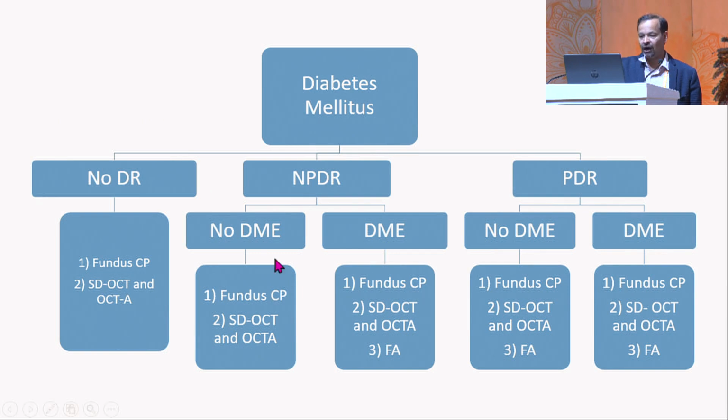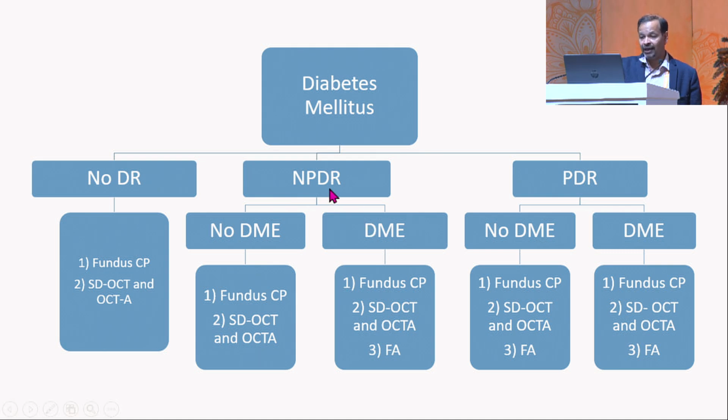So this is essentially the workflow of the study. The eyes with no diabetic retinopathy underwent fundus photograph, spectral domain OCT, and OCT angiography. However, we did not do any fundus fluorescein angiography in these eyes because we thought it was not required.